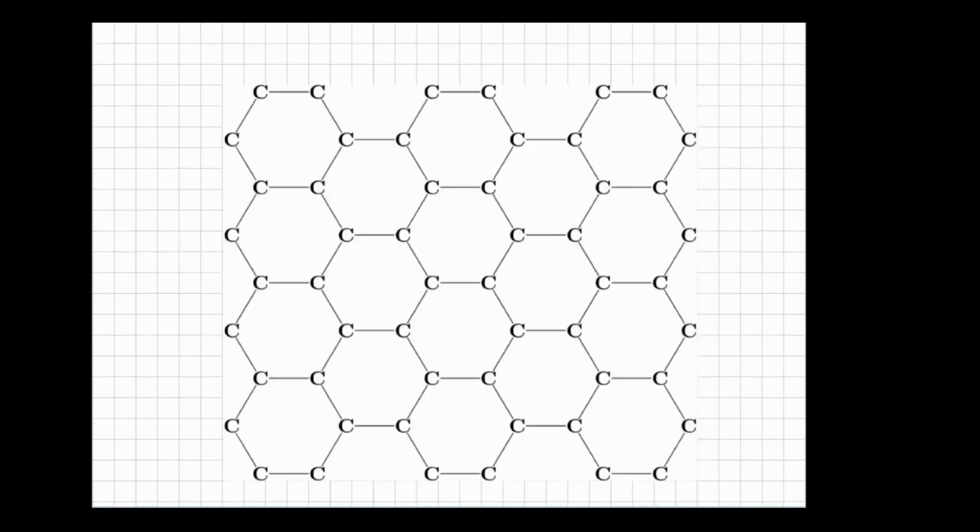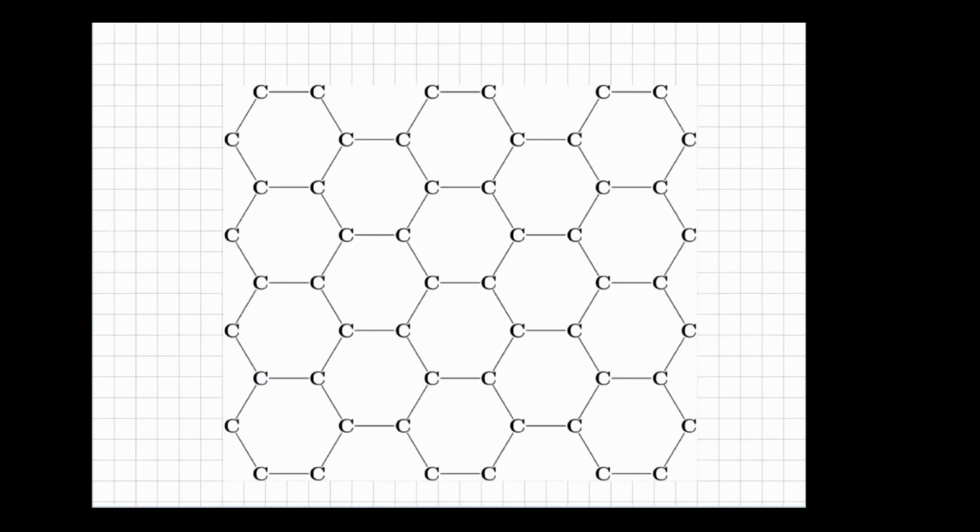So suppose you have a very thin layer of carbon atoms in a hexagonal lattice like this, a piece of graphene, and you put this in a bath of, or in a room full of helium atoms.